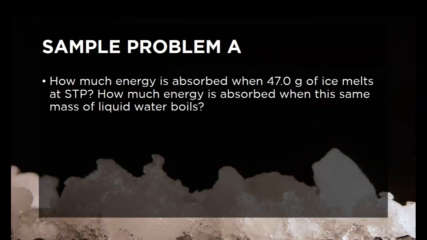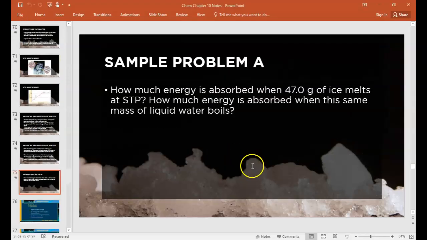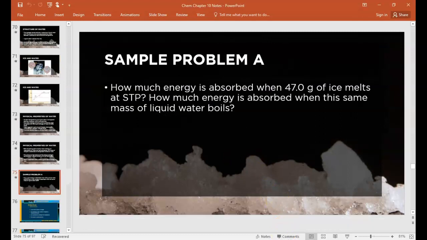So we can look at this: how much energy is absorbed when 47 grams of ice melts at STP, and how much energy is absorbed when the same mass of liquid water boils? To know this, we need the molar enthalpy of water, and that can easily be found.